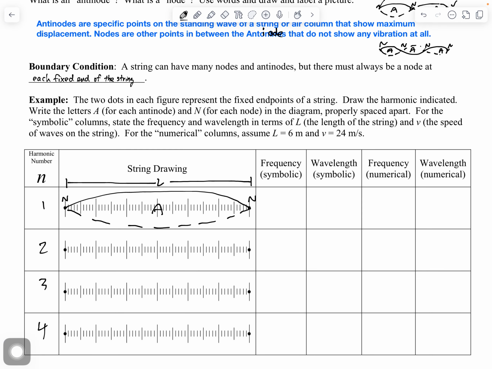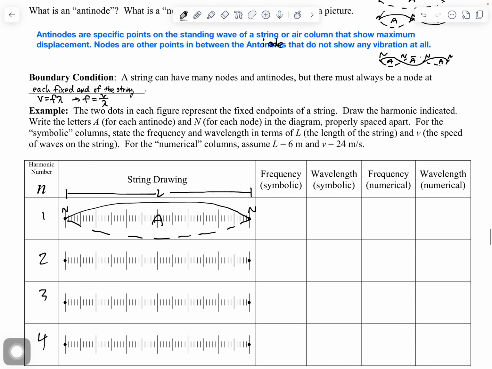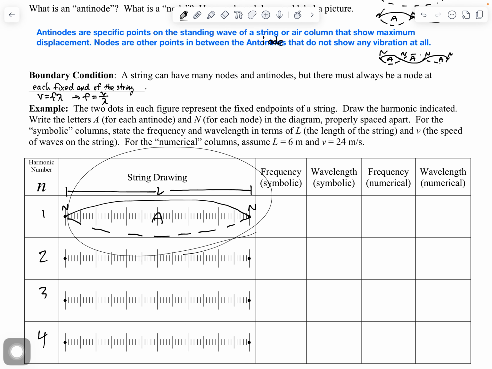So at the very top, right up here where we have room, let's derive something together. One of the things we know is that V equals frequency times wavelength. We talked about that a while back. Well, if you solve that equation for frequency, frequency equals the speed divided by the wavelength. Now, we can also determine the wavelength in terms of what we see, like in terms of the length of the string.